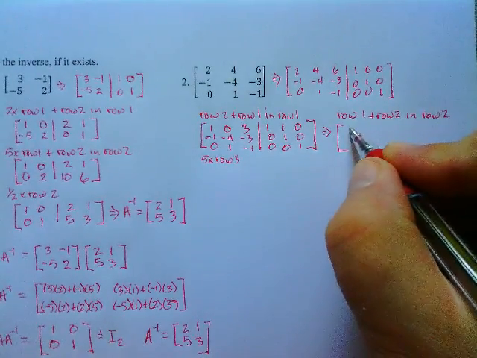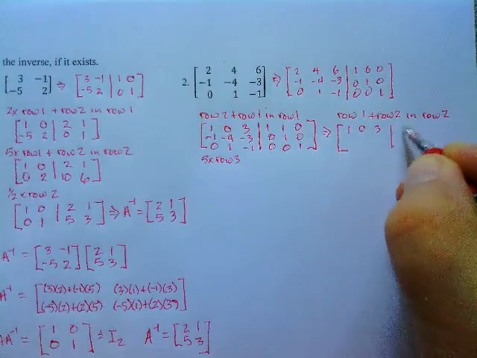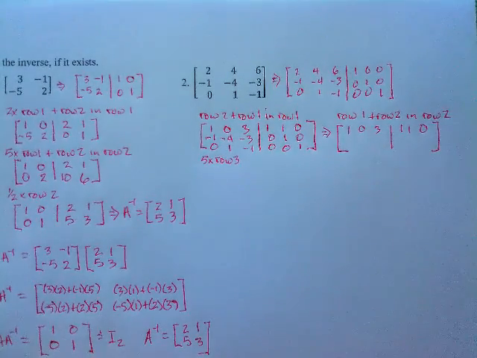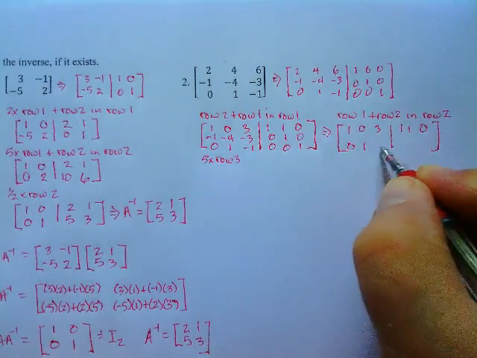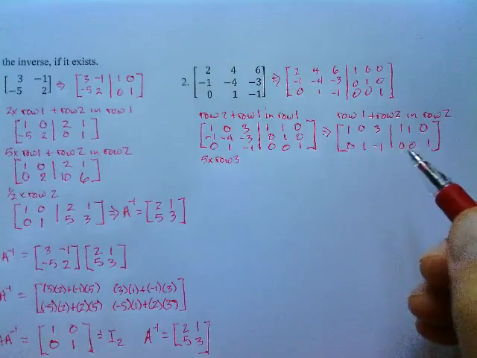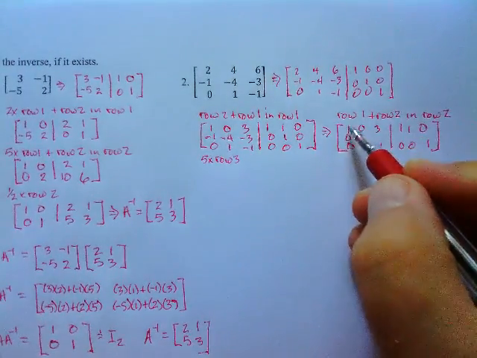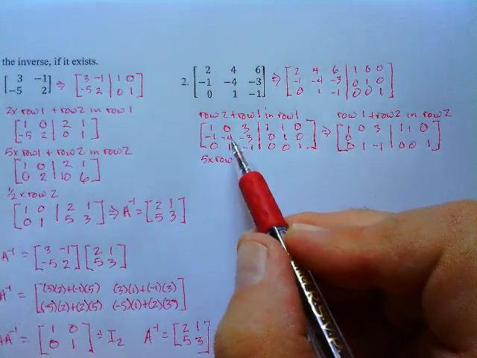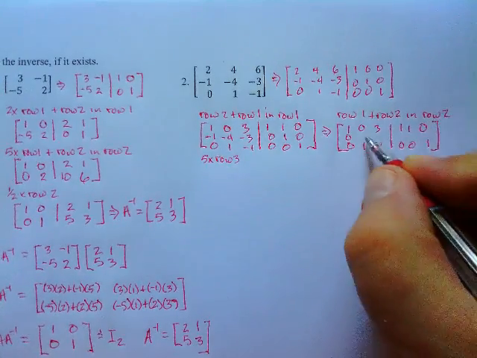So again, since we're not changing row 1, that'll stay the same. And row 3 will stay the same. But row 2 will be changed. So row 1 and row 2, 1 and -1, that's a 0, because that's what I wanted to get.